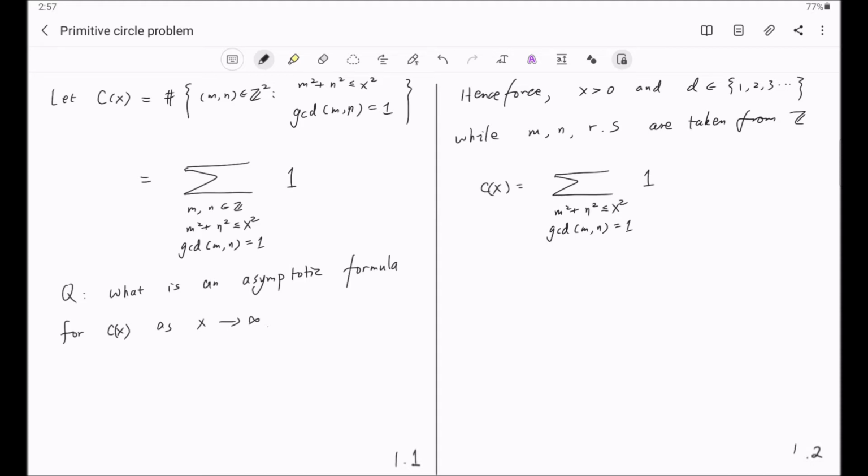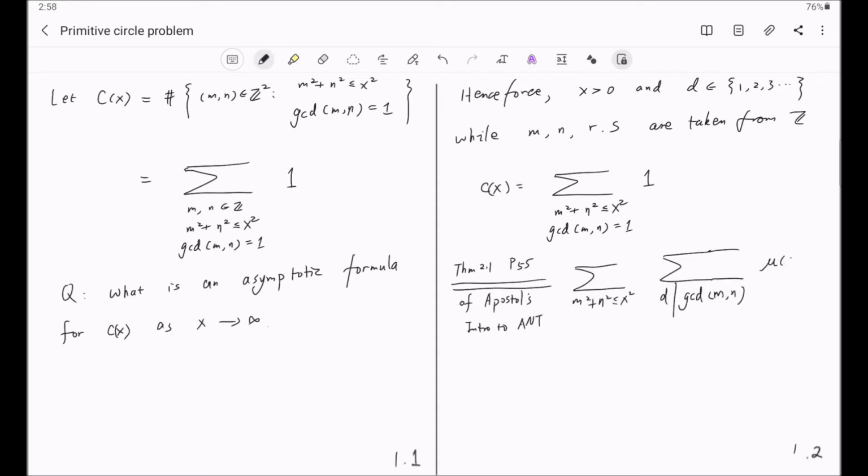And again, we're going to use our old trick, which is Theorem 2.1, page 55 of Apostol's Introduction to Analytic Number Theory, which will transform this sum into a double sum and introduce at the same time the Möbius function, mu of d.